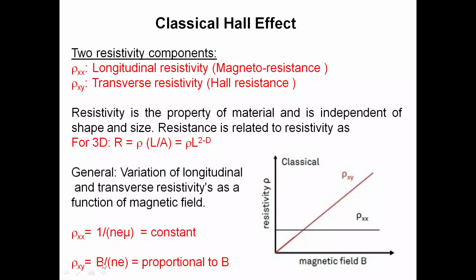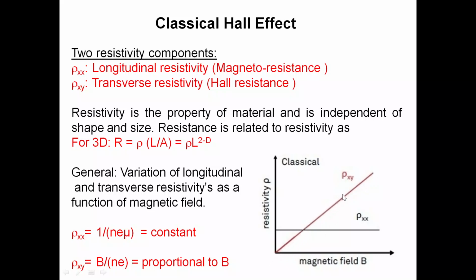So the Hall coefficient is 1 by Ne. Basically, transverse resistivity, or Hall resistivity or Hall resistance, is proportional to B, because B is coming over here. That means with increasing magnetic field, your Hall resistivity increases.